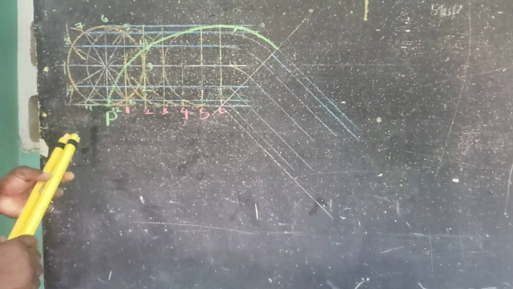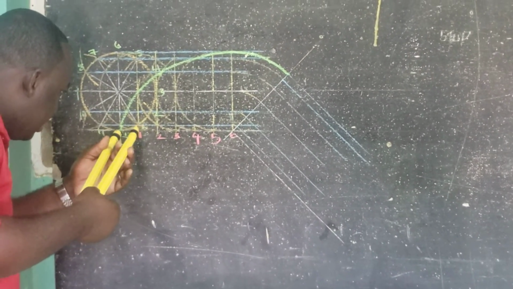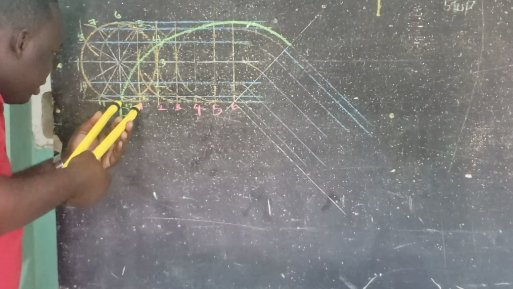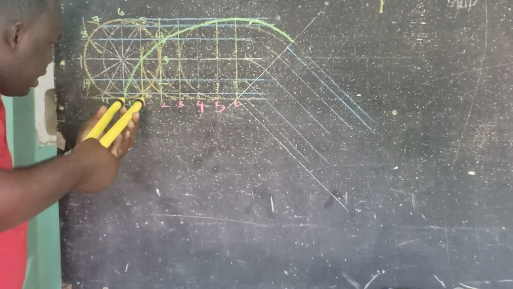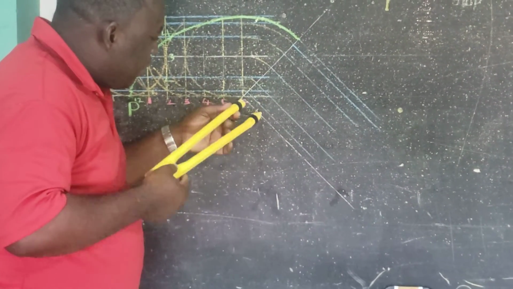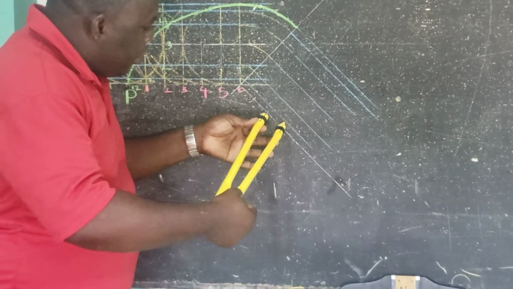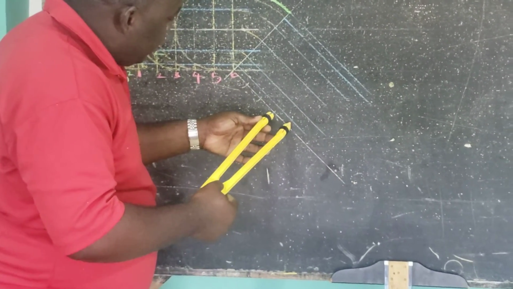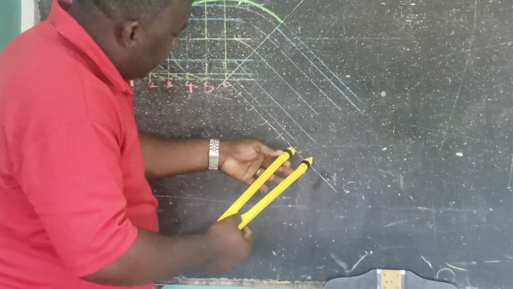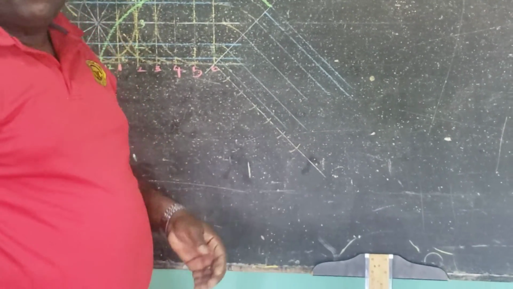So where would be my 7 points? So if we go back to our drawing and we take off our division, so this would be one of our divisions right here from 0 to 1, and go to 6, then that would be 7, 8, 9, 10, 11, and 12.